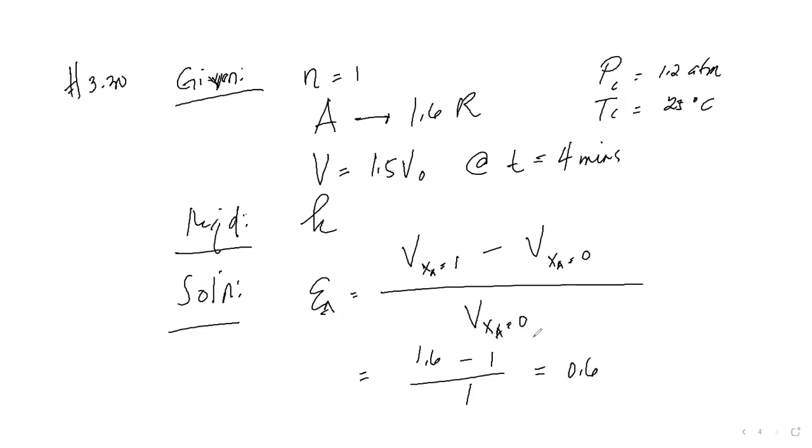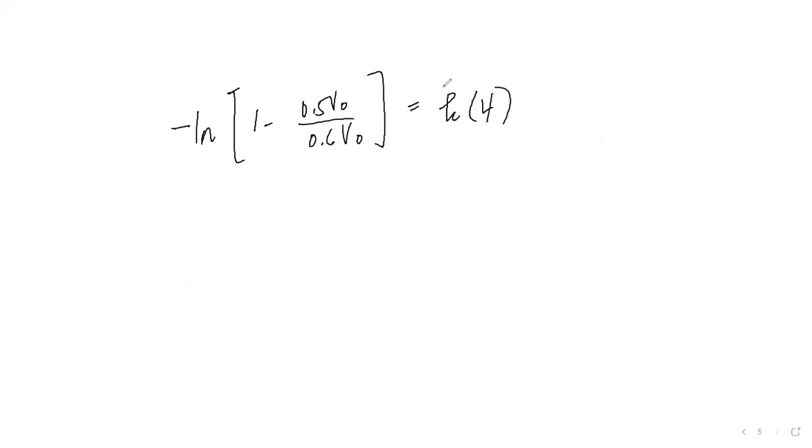And this one is very easy to solve. So what you have to do is use again the formula that we used a while ago. So you have negative ln of 1 minus 0.5 V sub O over 0.6 V sub O equal to K times the time, which is 4. Now, where did you get this?